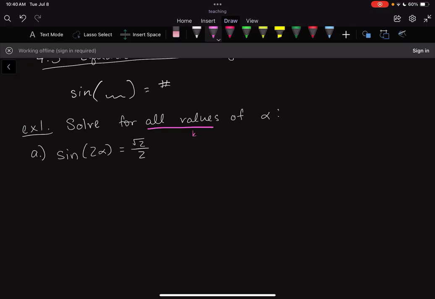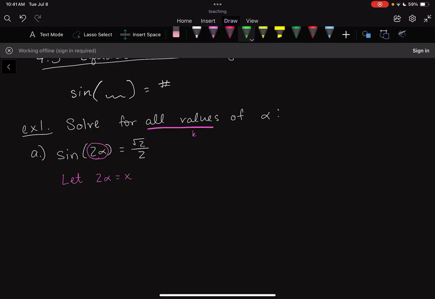And so the first step that I would take with this one, and this is just how I handle them, I like to replace what's in those parentheses with just another letter temporarily. So I'm going to say, let 2 alpha equal x.